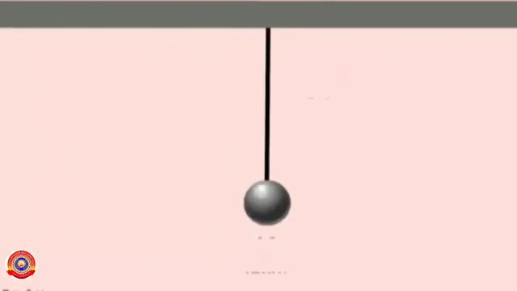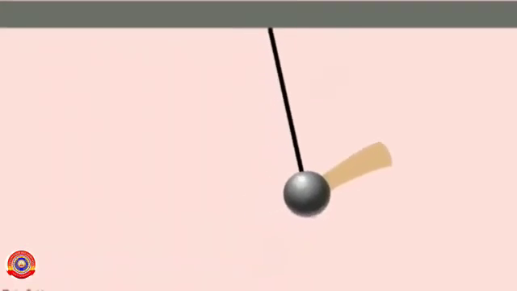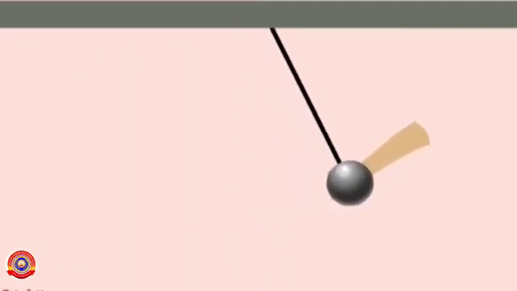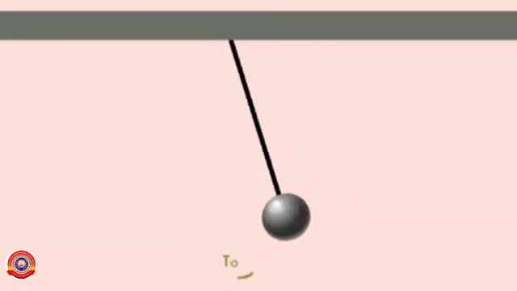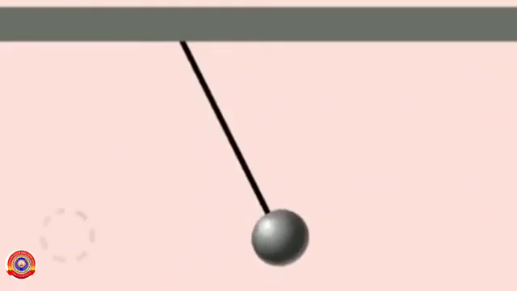Suspend a small pebble from a string of about 50 cm long. Move this pebble slightly towards one side and release. We can see that the pebble moving to and fro. You would have studied such a motion. And this type of motion is oscillation.